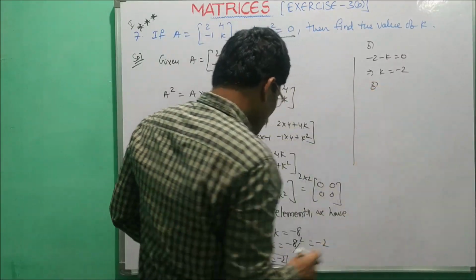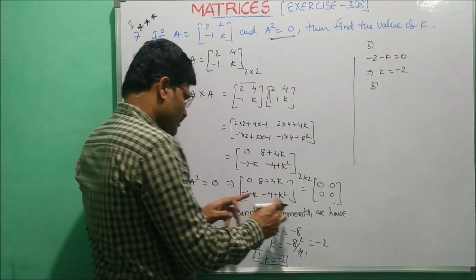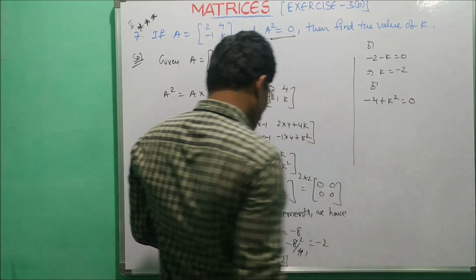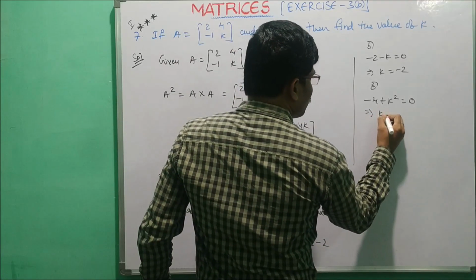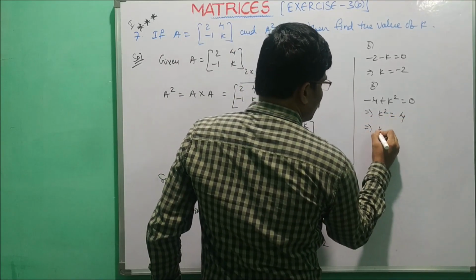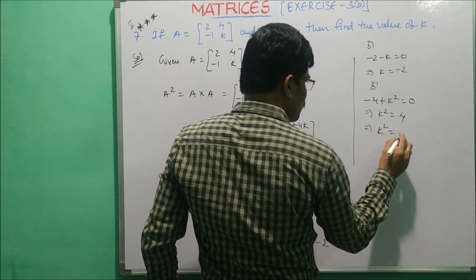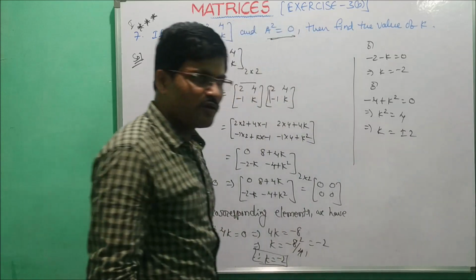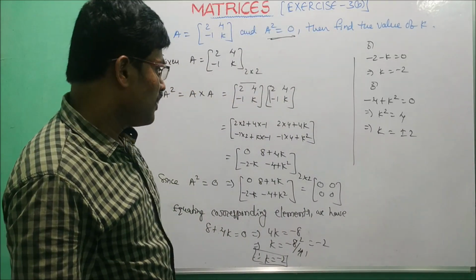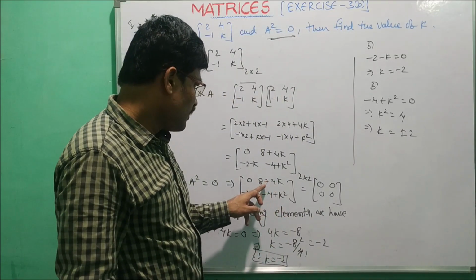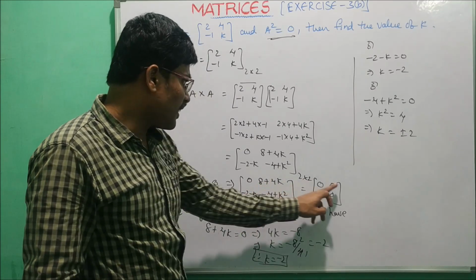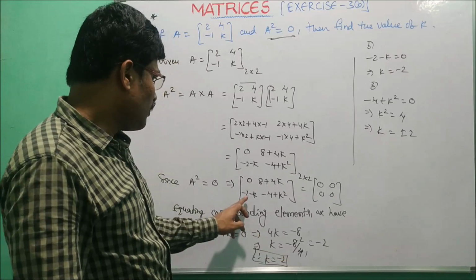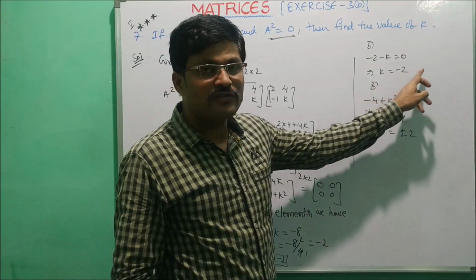Or equating the second row, second element, minus 4 plus k square equals 0. In that we have to observe k square equals plus 4, so k equals plus or minus 2. Because in the first step, 8 plus 4k equals 0, we get the value k equals minus 2, which is negative. So in this case also k is negative.